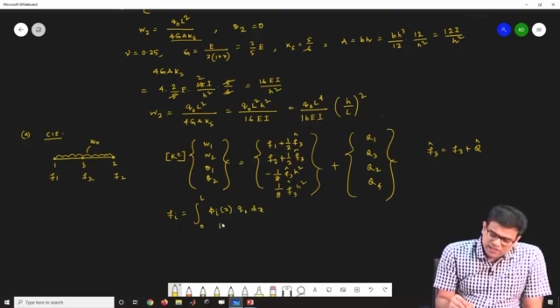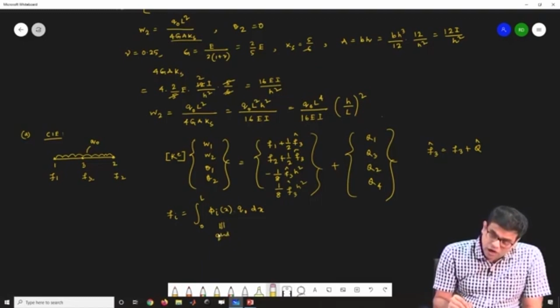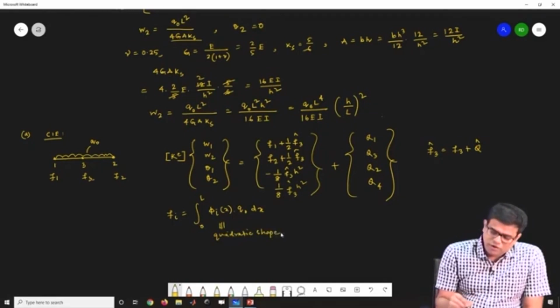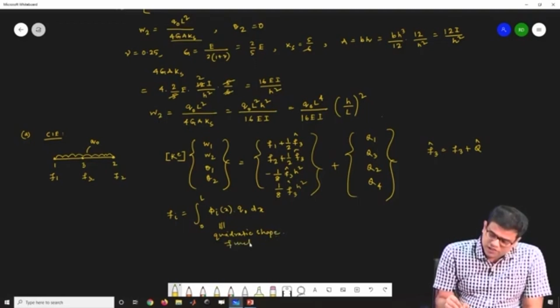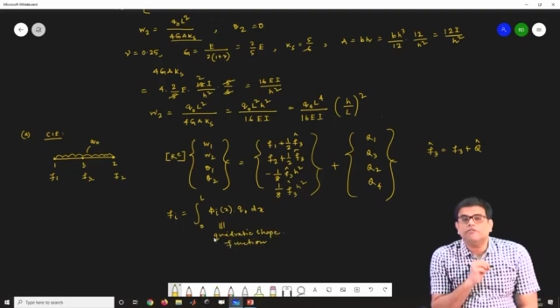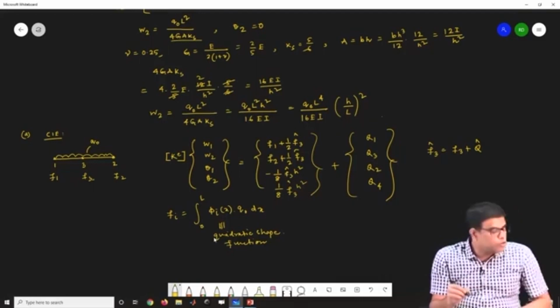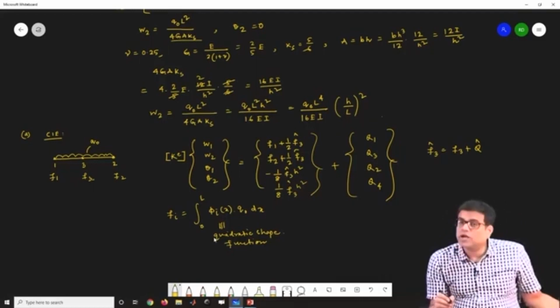Now here this is my quadratic shape function, because if you have seen for the consistent element, this is a quadratic shape function. So my f1, f2 and f3 I have to find out accordingly.